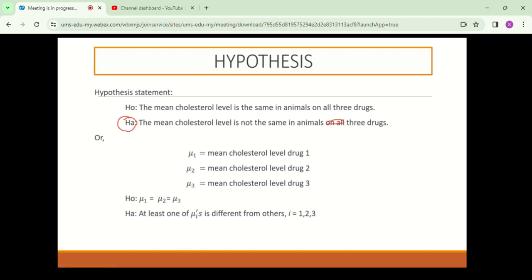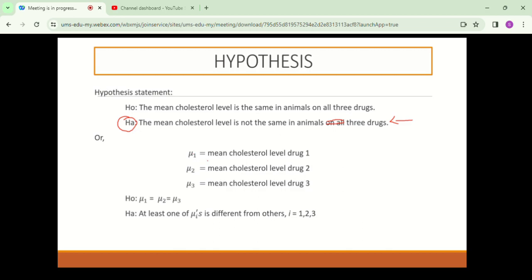So here, at least one of mu i is different from the others. Can you please correct the statement here? Do the necessary correction for this statement. The mean cholesterol level is not the same in animals at least on one of the 3 drugs.